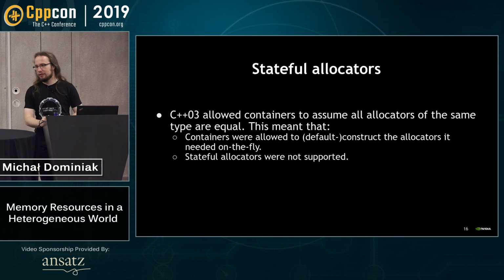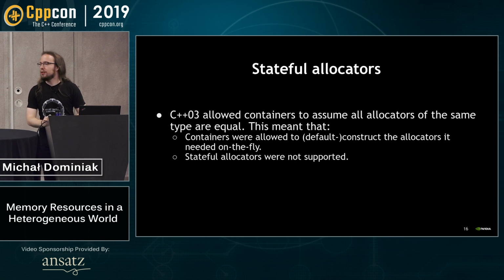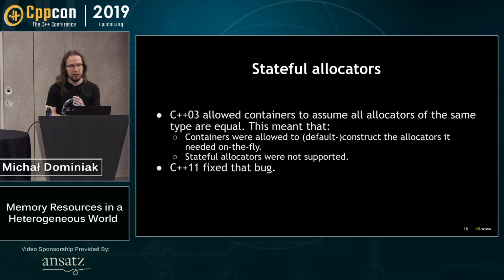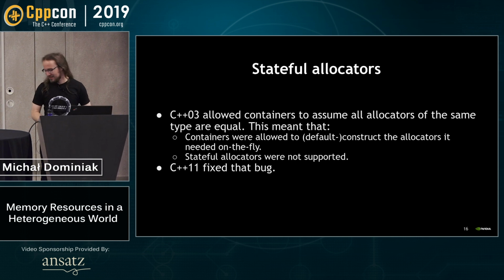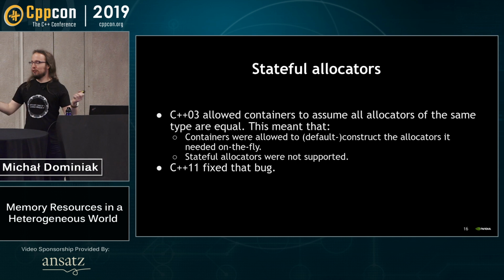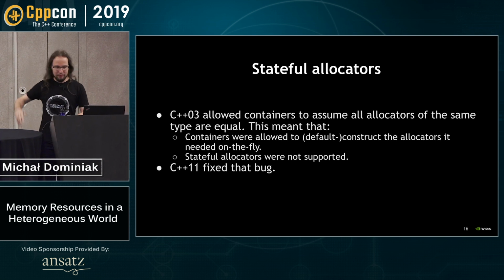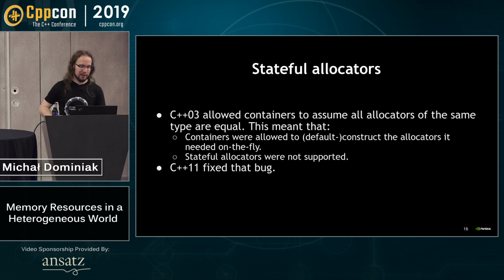And we didn't really support stateful allocators. In C++11, this has been fixed. You now have to store an allocator, which is not always free. And I've heard there will be a talk about this in the next time slot. But it gives us the ability, within the framework of the library, without any language support, to just do this, and it works.